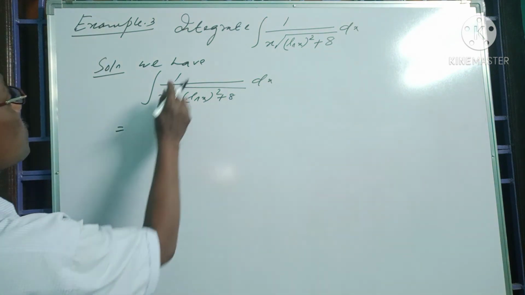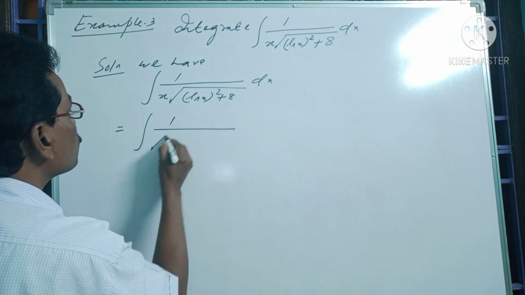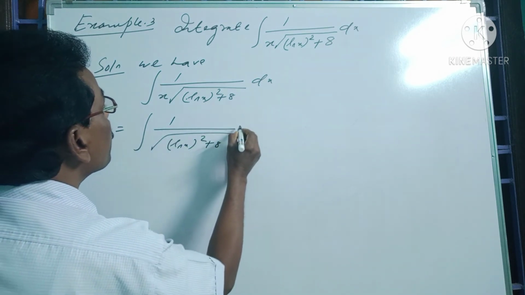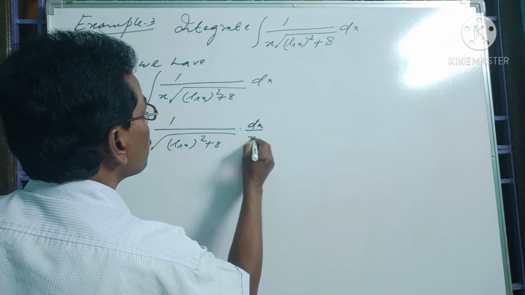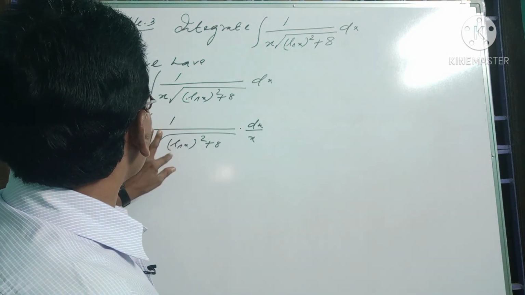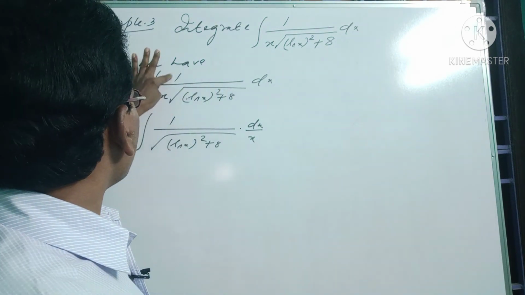Adjusting 1 by x with the integral, we have the integration of 1 by root of (ln x) square plus 8 into dx by x, because the derivative of ln x is 1 by x. So now we adjusted 1 by x with dx.